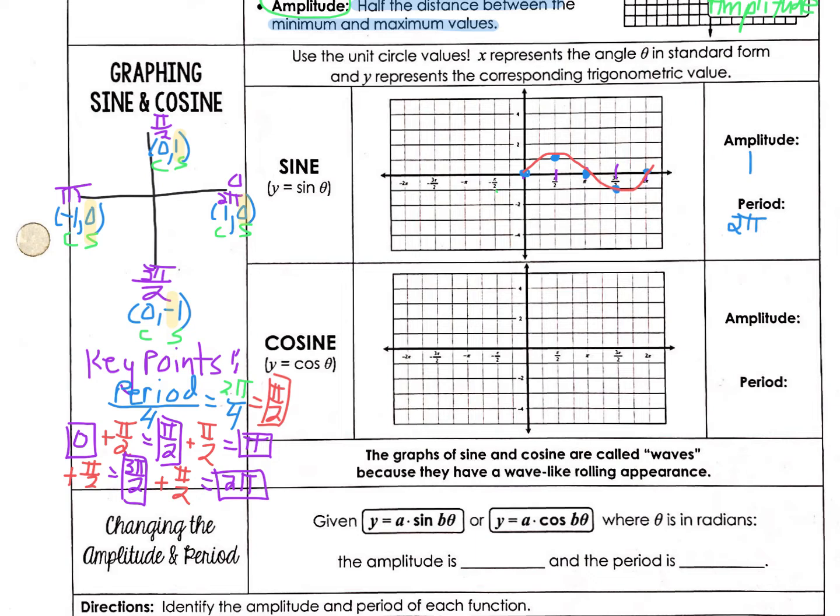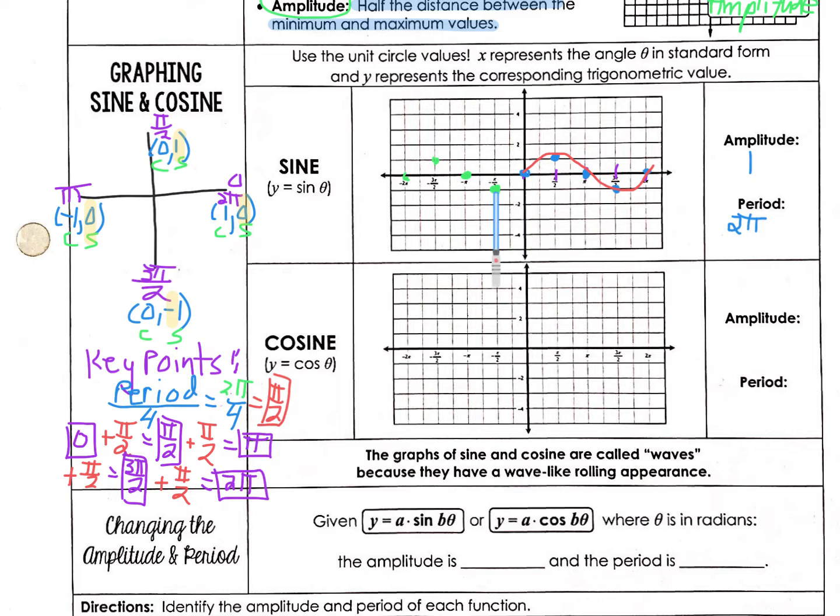So the one to the left, I'm going to go down to -1, then back up to 0 at -pi. Then at -3 pi over 2, I go up to 1, and at -2 pi, I go back down to 0. So notice again, every other point is 0, and here I went up, so here I go down, and here I go back up.